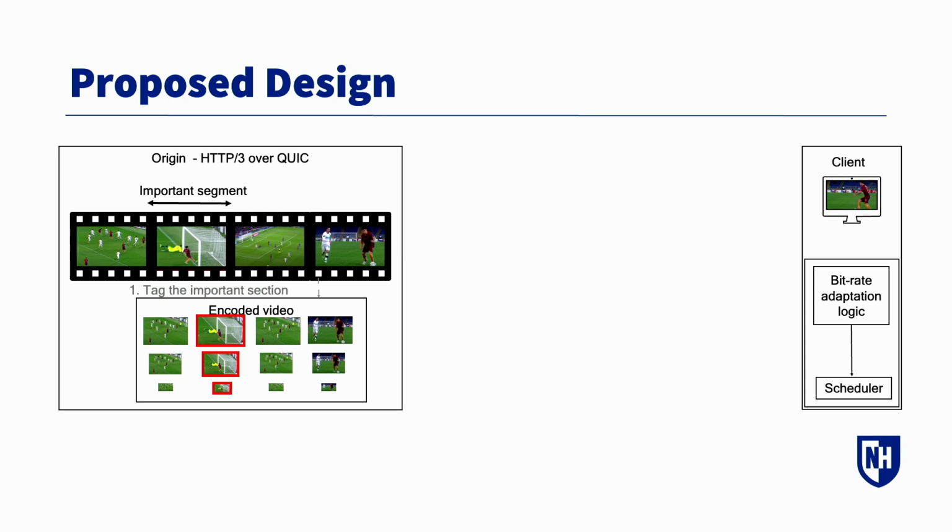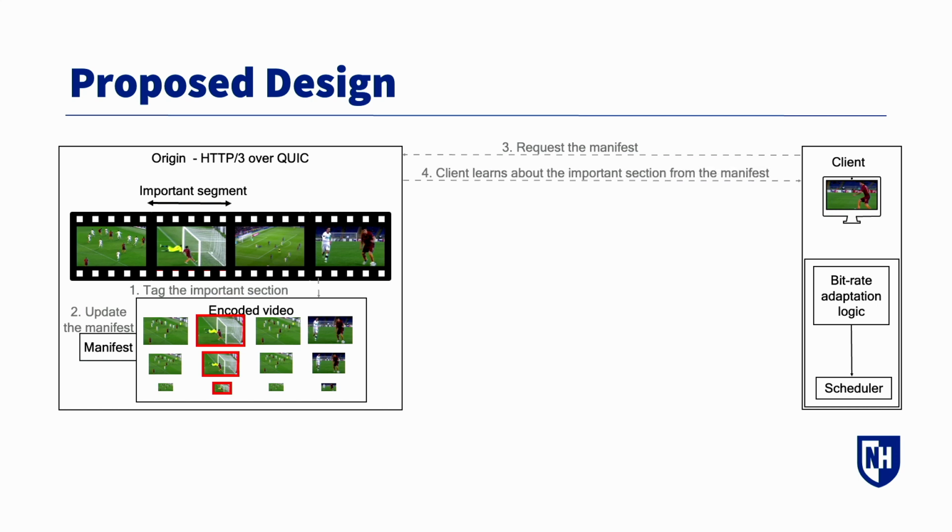After the tagging process is done, the segments are encoded into different bit rates, and those important segments have the tag. So we are basically distinguishing the important segments from the non-important ones, and we are updating this information into the manifest. After this information is updated into the manifest, the client requests the manifest. And when the client obtains the manifest, the client learns about these important segments.